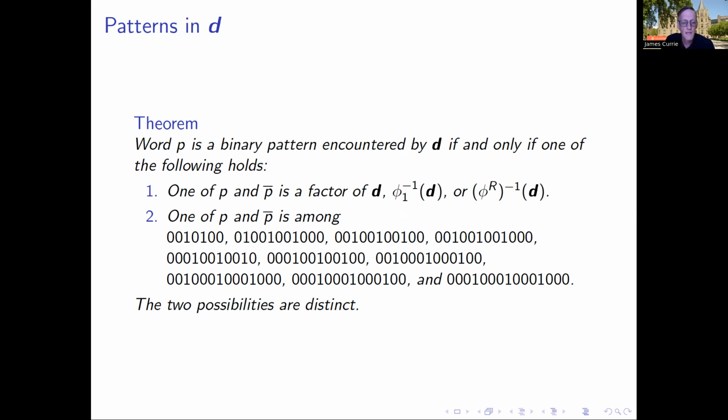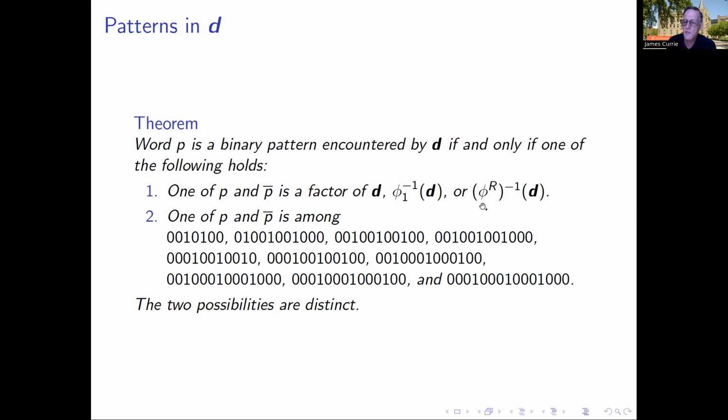Or one of P and the complement of P is among this list of 10 patterns, and those two possibilities are distinct. So the first category contains infinitely many patterns. I can take any factor of D and any factor of D appears as a pattern, but also if I take the inverse image of a factor of D under one of these morphisms, that appears also.